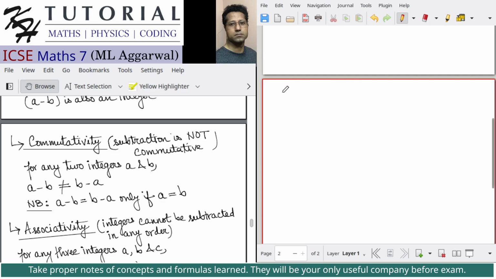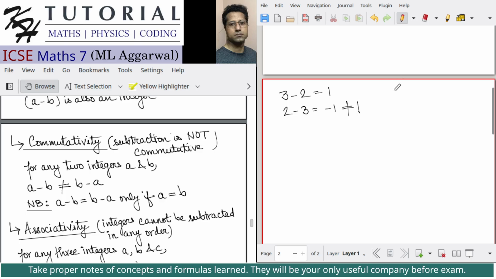For example, if I am doing 3 minus 2, this is equal to 1, but 2 minus 3, this is equal to minus 1, and this is not equal to 1.